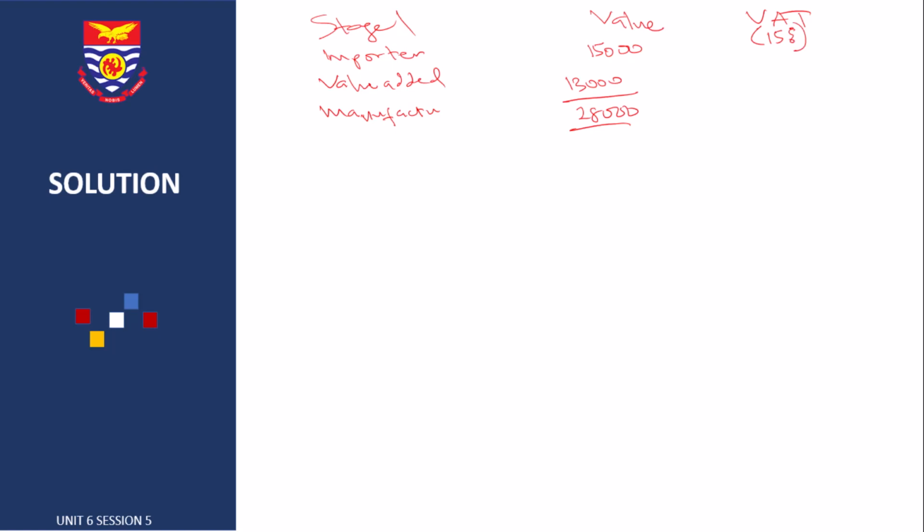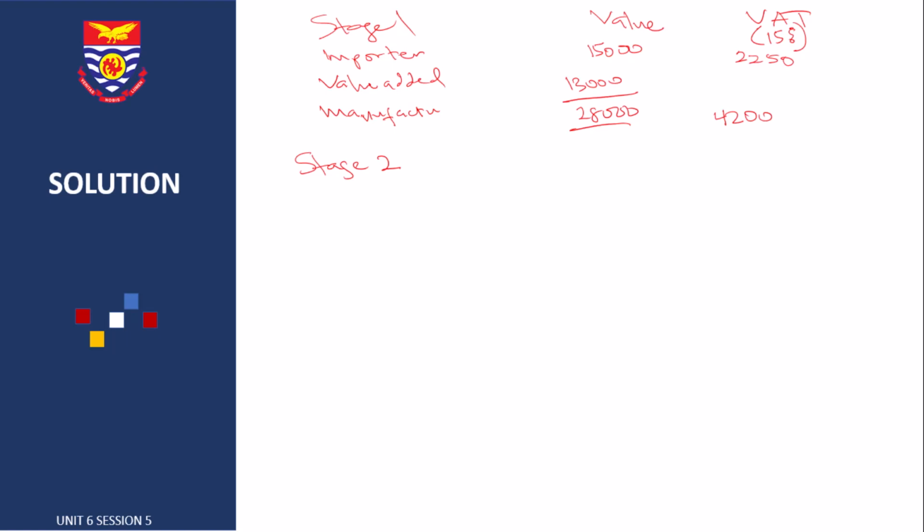Now let's compute the input and then the output VAT. The output VAT is on sales and input is on purchases. So we are going to get input tax of 2,250 and output tax of 4,200. I hope we are following. Then we have stage 2, between the manufacturer and the distributor.